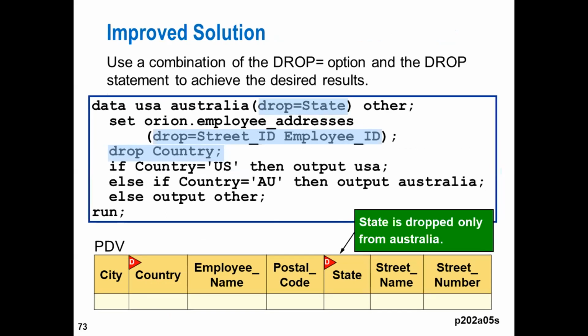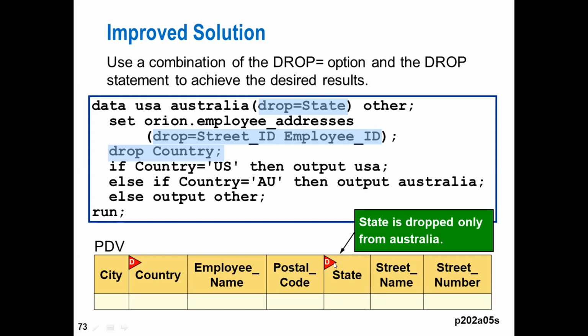So this is how you can improve your solution of this program, where it's telling you to drop country for all your output data. You simply write a drop statement. It's available in processing now in PDV, but it will be dropped for all the output data sets. And state is also flagged dropped.